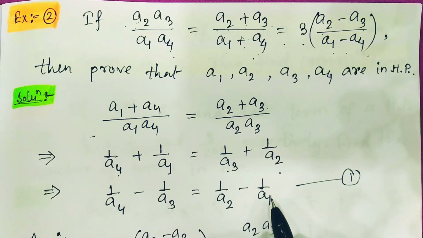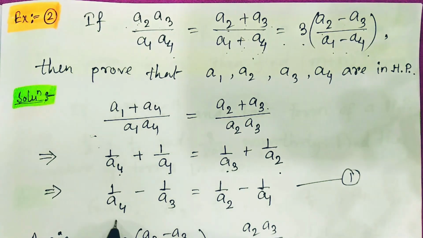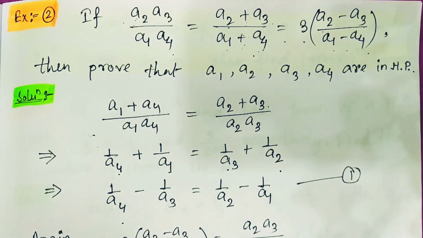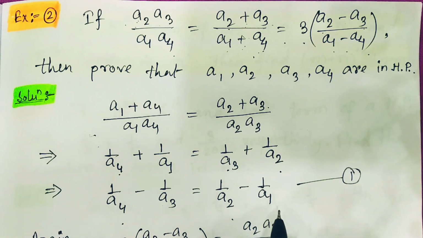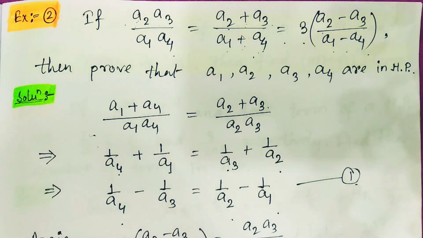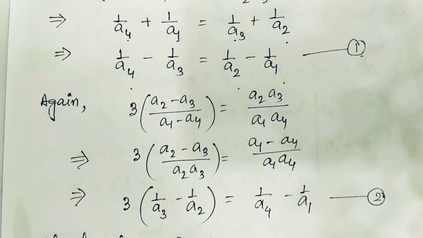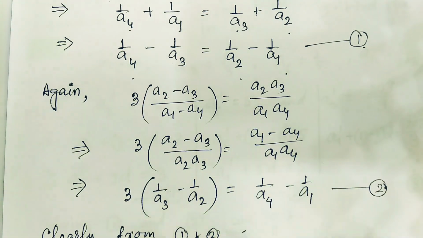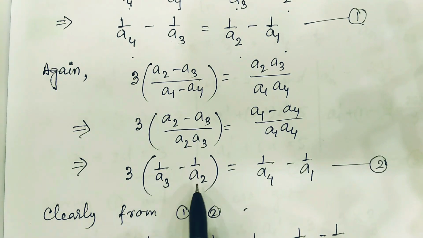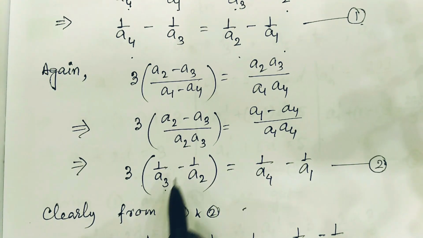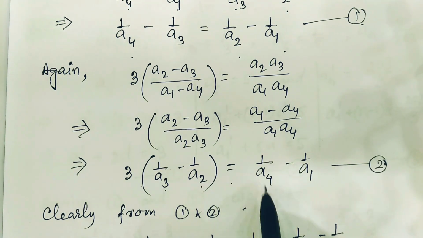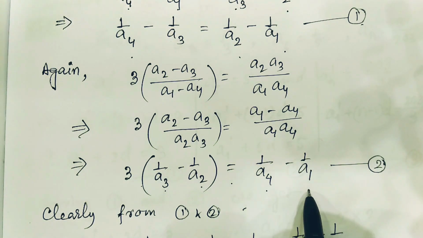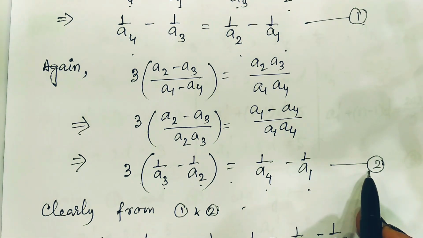Now if we interchange the sides, then we find 1 by A4 minus 1 by A3 is equal to 1 by A2 minus 1 by A1. That we write as equation number 1. Now from the third ratio and the first ratio, if again we simplify, then we find 3 into (1 upon A3 minus 1 upon A2) is equal to 1 upon A4 minus 1 upon A1. That is our equation number 2.